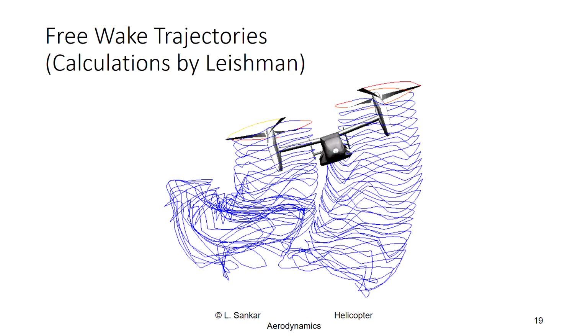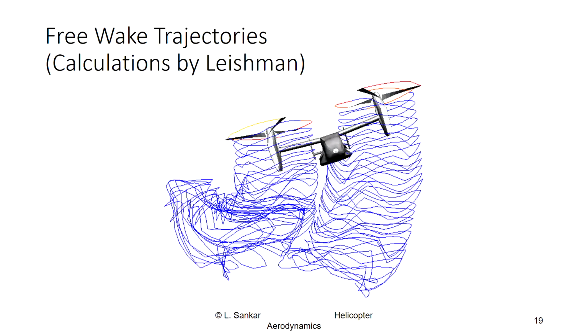In the US industry, they use government software. There is a software called RCAS available from the Army, freely available. Wayne Johnson has a program called CAMRAD II, which has free wake trajectories. There are also university solvers such as UMARC, developed by Professor Chopra at the University of Maryland, and GT Hybrid, a CFD plus free wake model generated at Georgia Tech in my own group.